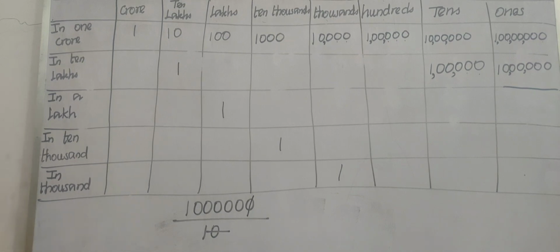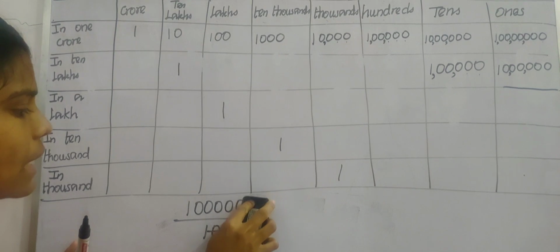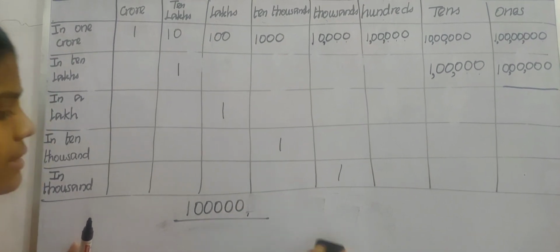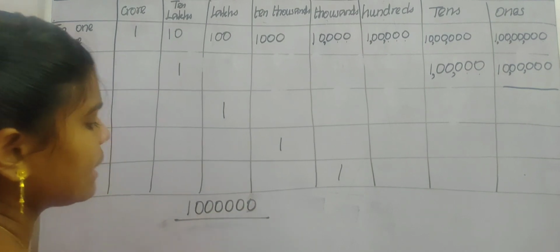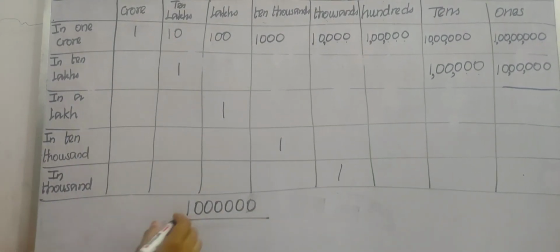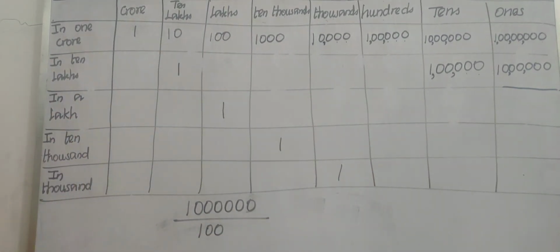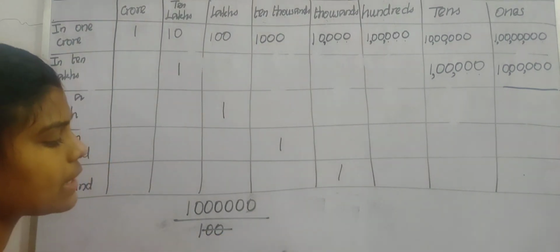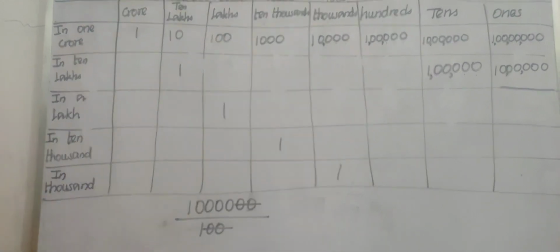Okay, so let us find for hundreds. How many hundreds are there in 10 lakhs? So it is 10 lakh, the smallest 7-digit number, divided by 100. We are going to find for hundreds, right? So put 100. Now strike out the 2 zeros, and in 10 lakhs also we are striking out 2 zeros.